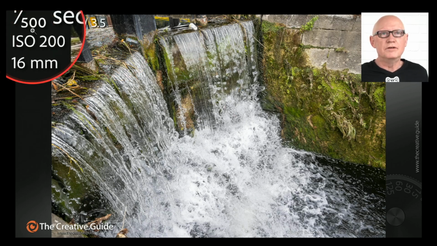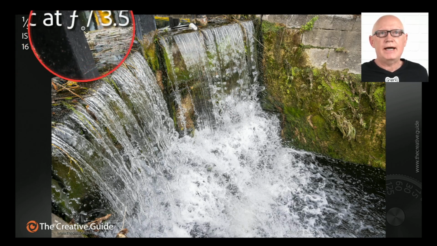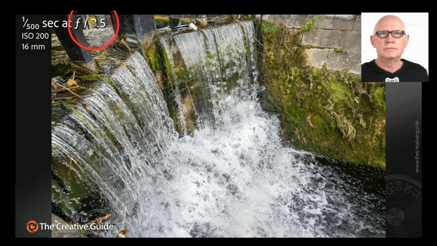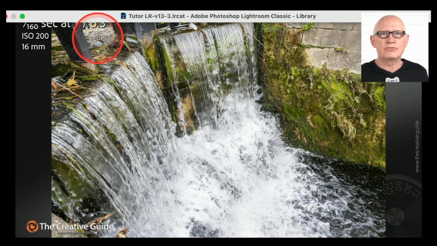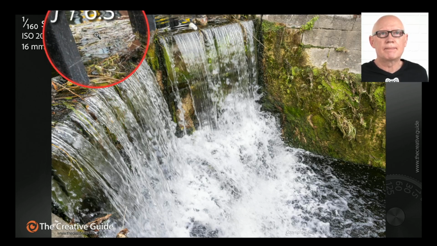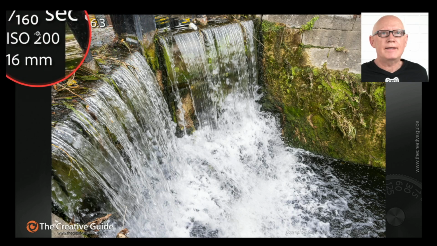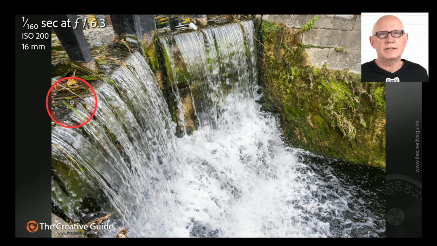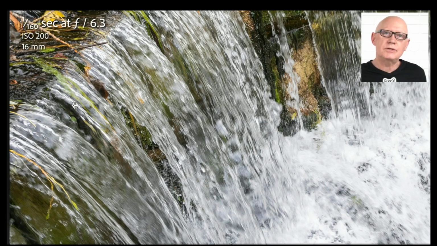So here I am at 1/500 of a second, and I'm at 3.5. So what if I could only get to say that 6.3? I mentioned that it was even worse. Well, here's that 6.3, and there is the shutter speed of 160. Now have a look and see what that does to the water.